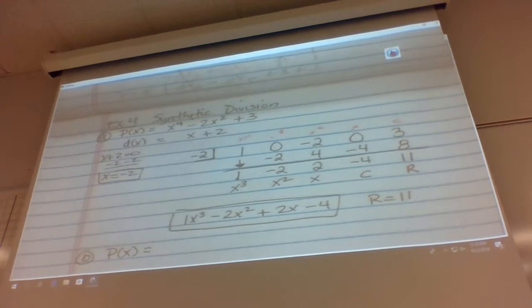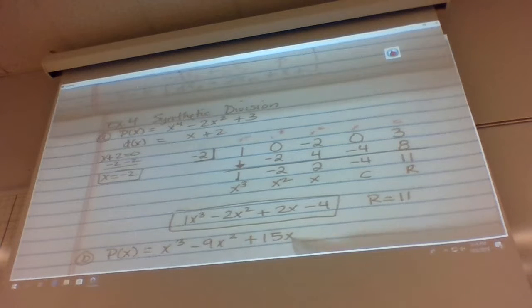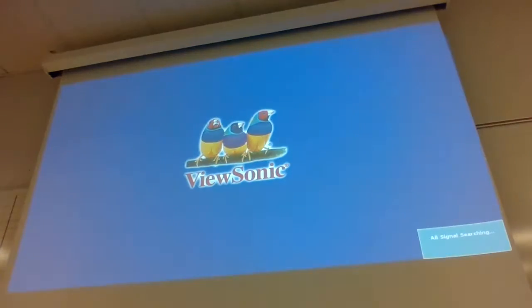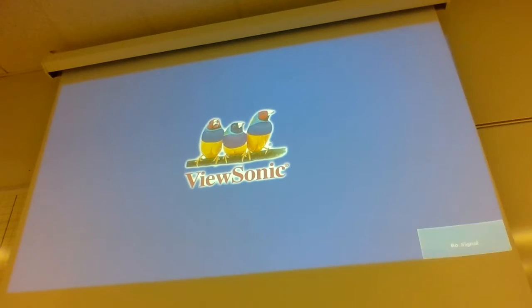Try this one. x cubed minus 9x squared plus 15x plus 25, and your divisor is x minus 5. Oh, of course it's easy. Use synthetic division with this one.